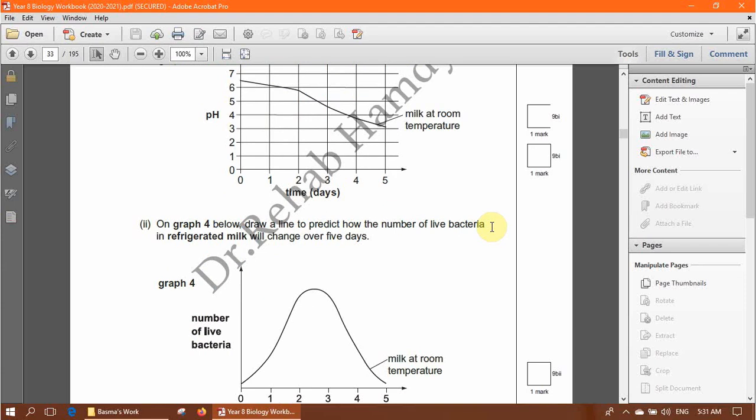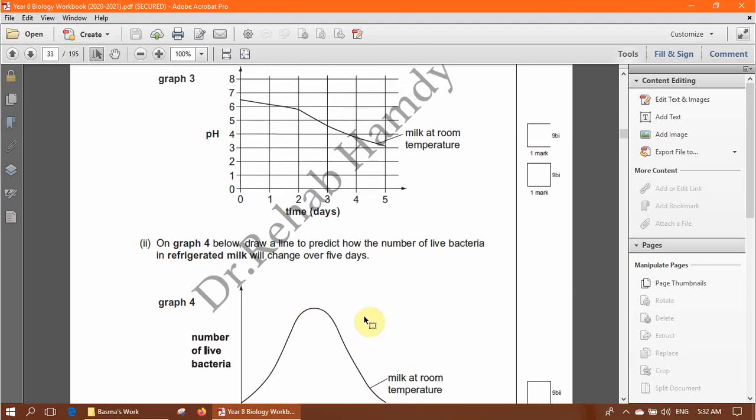Okay, so here I want to draw the number of the live bacteria over the 5 days. I have two options: either to draw a curve, a smaller one below the first one, because the bacteria that are alive are smaller in number in the refrigerator than they were at room temperature, or I can draw it at a slower rate.